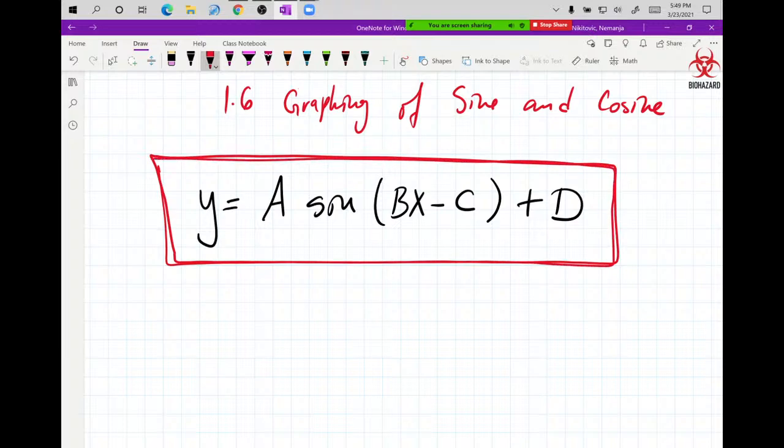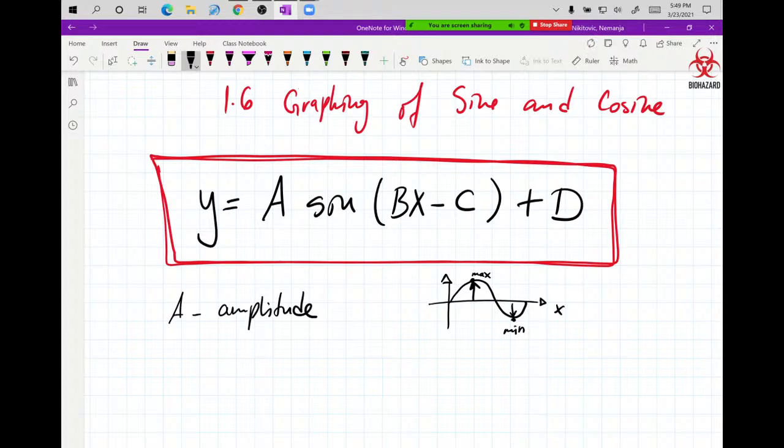And then I'm going to say the A is the amplitude, which is the distance from the middle line to the maximum, or the distance from the middle line to the minimum. Middle line.